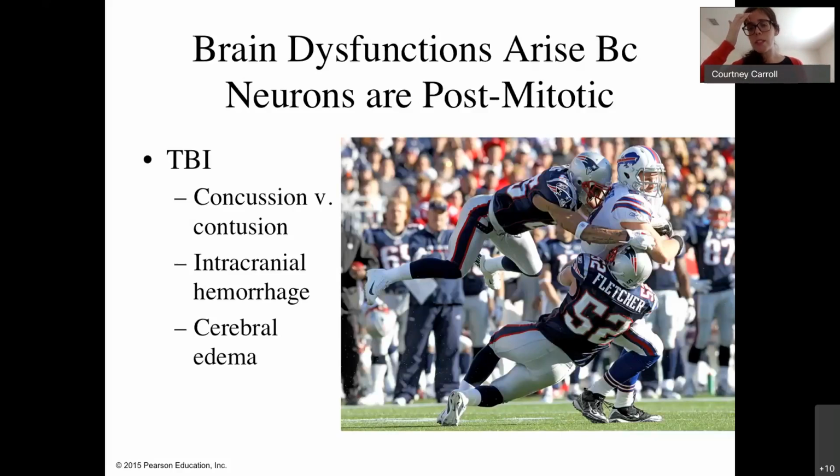And so when we talk about symptoms of a traumatic brain injury, we have things like concussion versus a contusion. So a concussion is generally associated with a brief loss of consciousness. There's a whole guideline and checklist that people go through, especially related to athletes, to determine the severity of their concussion.